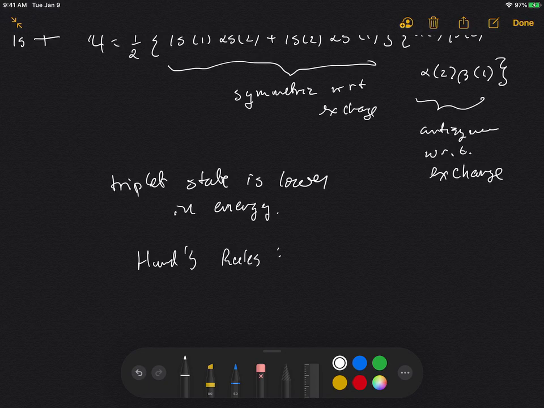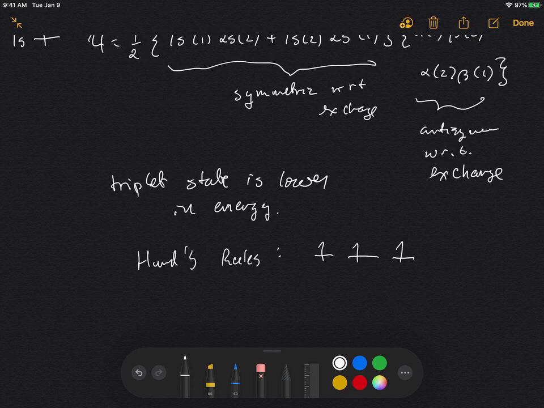In other words, the one that has the most unpaired spins. For instance, if we have degenerate levels, say three 2p orbitals, and we start putting electrons in, the first one goes here, the second one goes there, and the third one goes there.